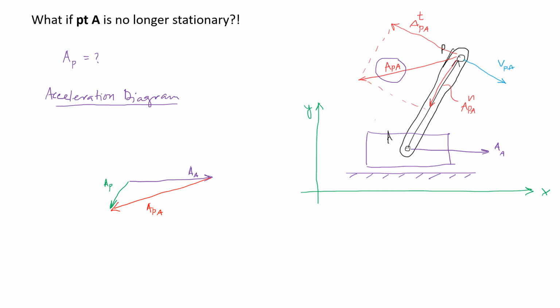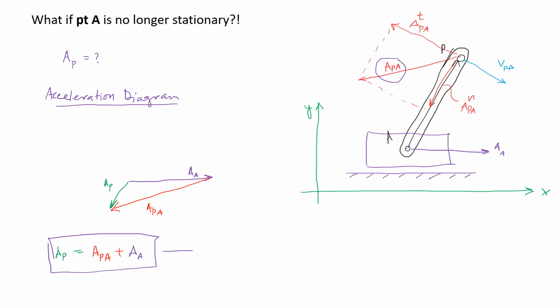So in that scenario, you can see that AP is going to be equal to APA added with the acceleration of point A. So this is the expression that we have got in our hands.